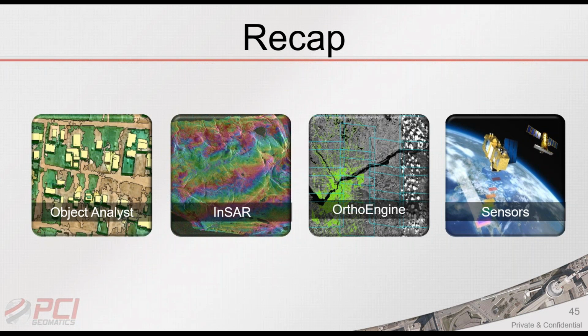Both of these new packages have a real focus on performance, accuracy, and ease of use. Updates in OrthoEngine related to project overviews and quality assurance, and a variety of new sensors and updated sensors as usual, as we plan to do in all of our Geomatica releases, to support you in whatever projects you may be working on.